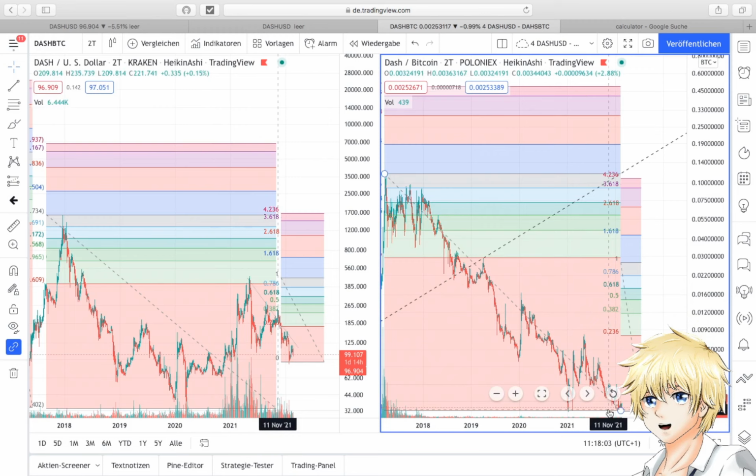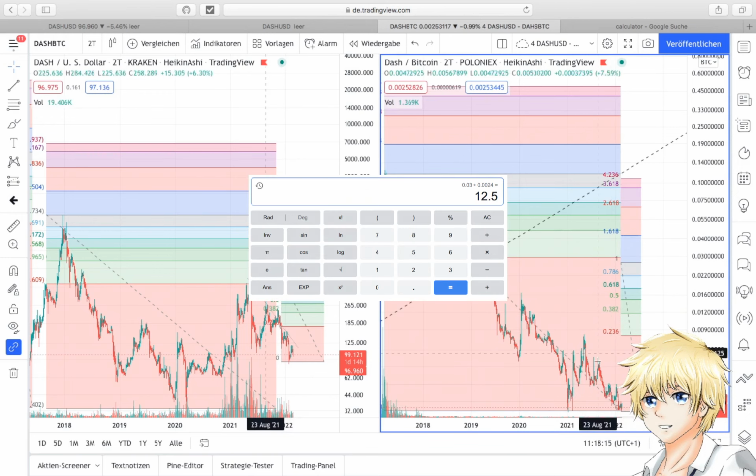If Dash Bitcoin from the bottom of 0.0024 shall rise to the first target of 0.03, that is a 12.5x. So Dash against Bitcoin will rise 12.5 times more in value than Bitcoin in the same time.